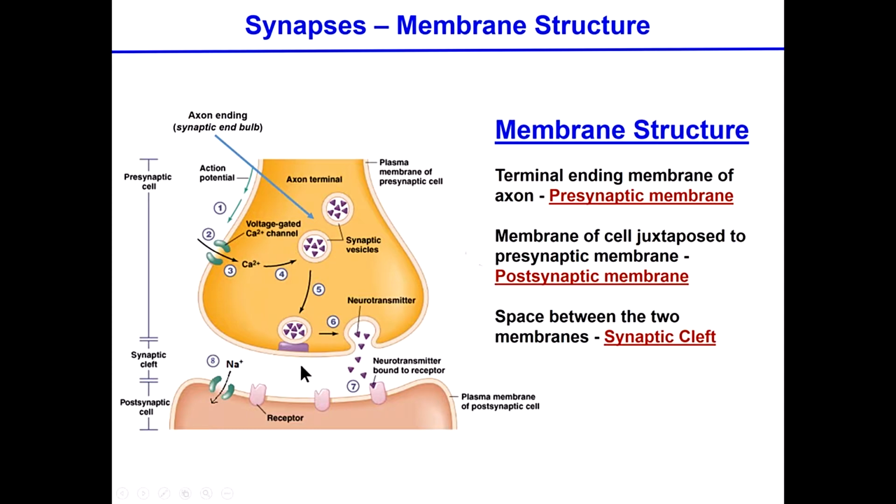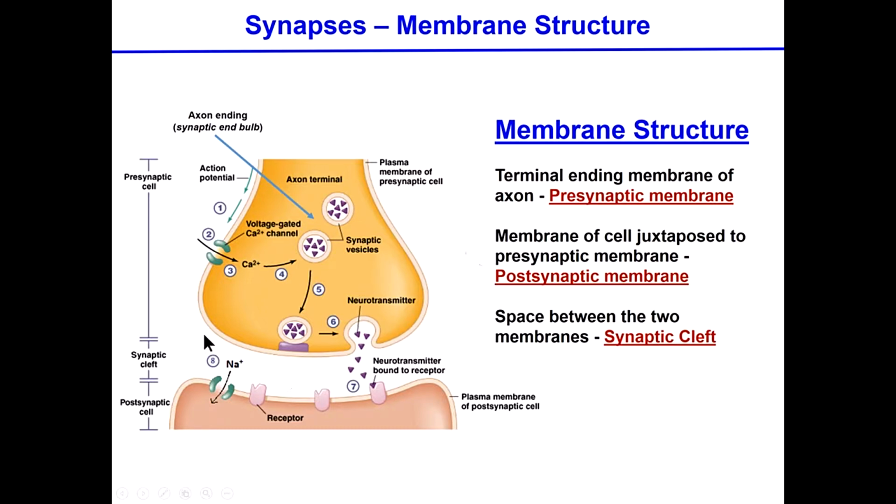This specialized membrane is called the presynaptic membrane, and it's primarily the place that contains all the signaling necessary to favor the exocytosis. The membranes that are bringing the neurotransmitter are going to be fusing to the cell membrane, and they're going to open up and release that particular neurotransmitter.